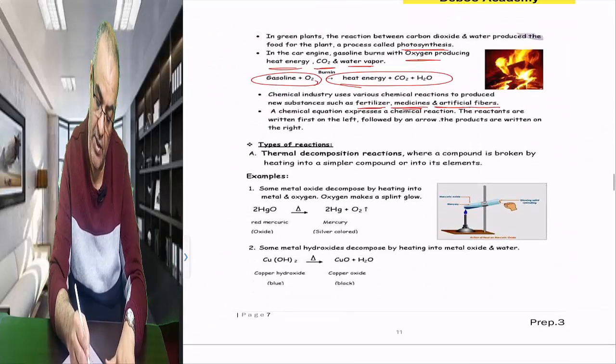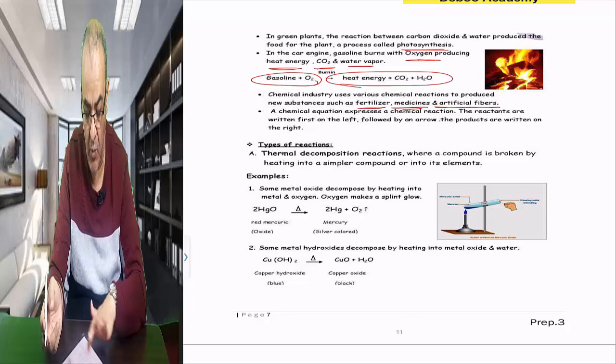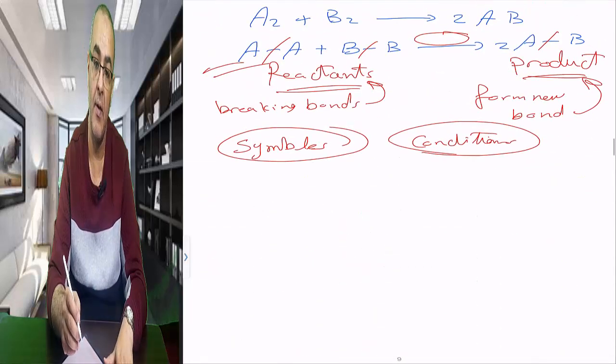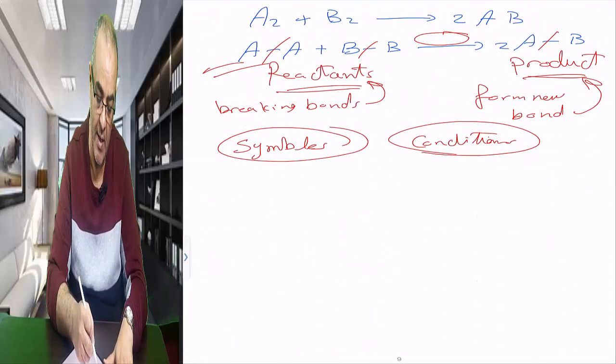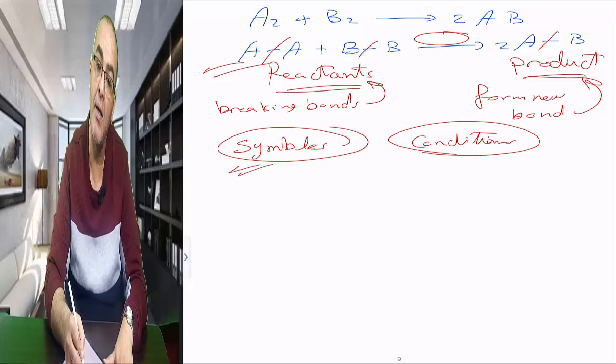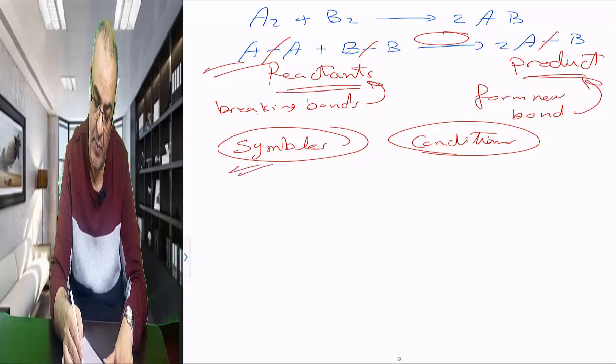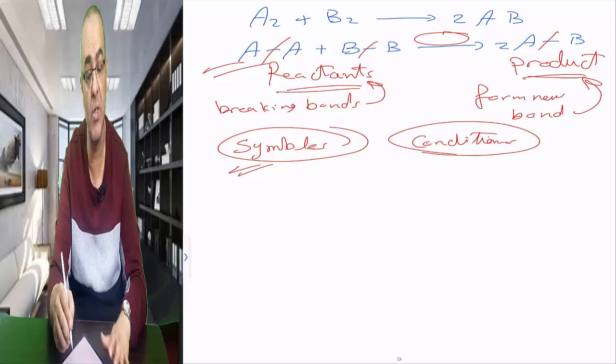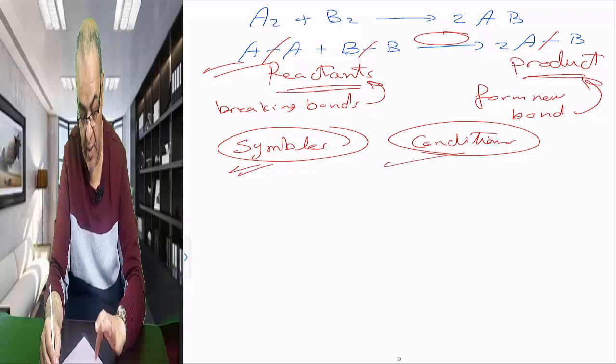The chemical equation expresses the chemical reaction, reactants and products. The simple way to define the chemical equation: it is the symbols that represent reactants and products and the condition of the reaction if it exists.